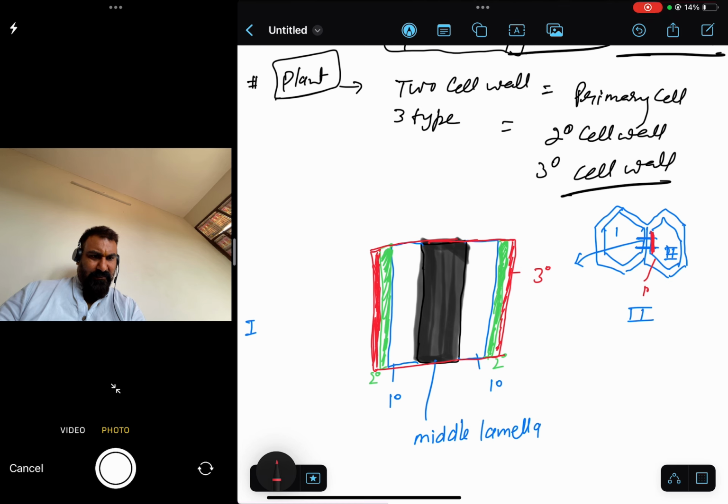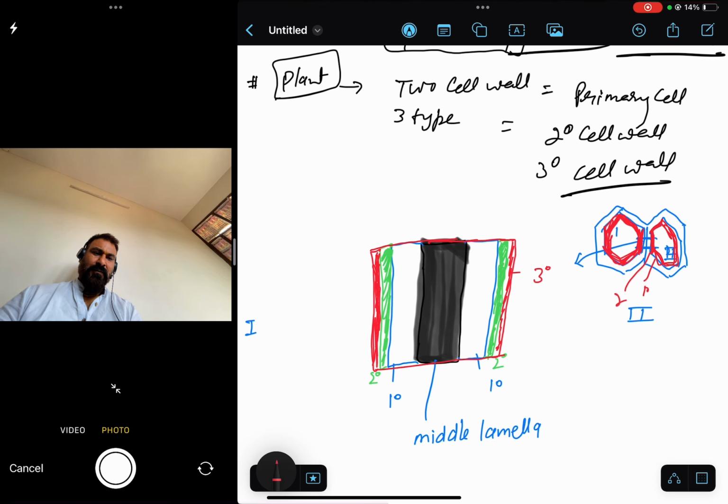Here a layer is deposited, that is secondary. Similarly, here inside this whole cell a layer is deposited, that is secondary. So secondary always decreases the lumen of the cell like this.